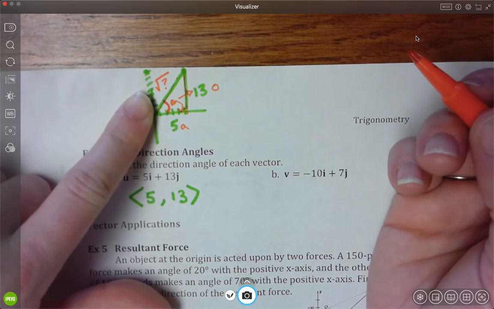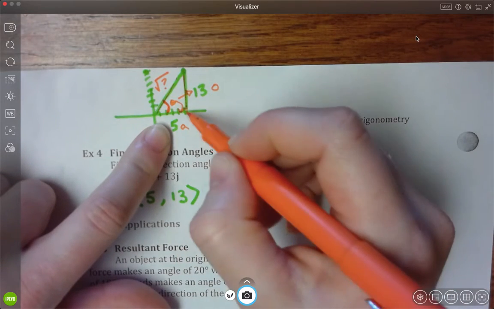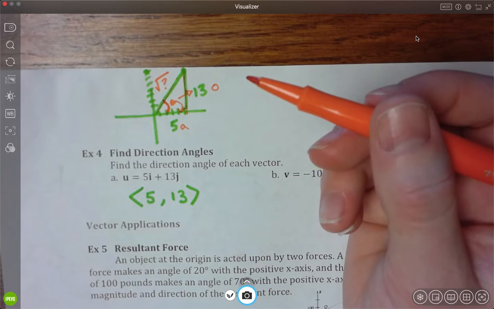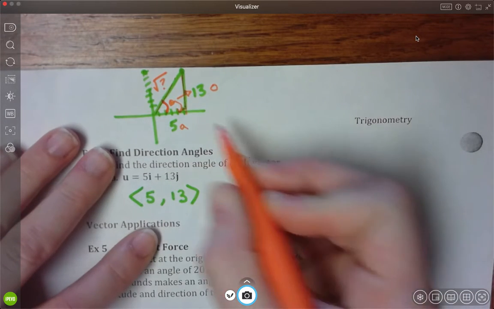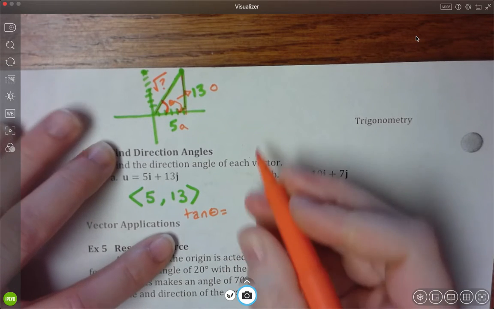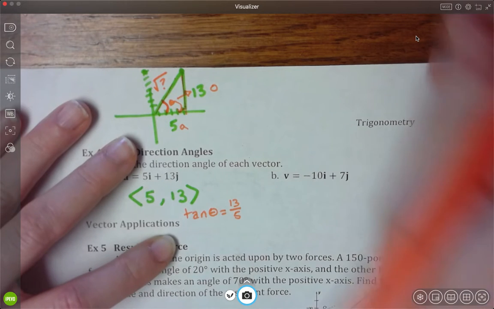And you'll find that there's kind of a common theme here, that when you're given the x-coordinate and the y-coordinate, you're going to always end up using tangent, okay? So what we're doing is we're using tangent of angle theta will give me opposite over adjacent, or 13 over 5. And then I would just have to find inverse tangent to solve for that angle.